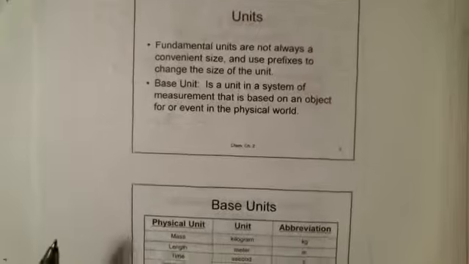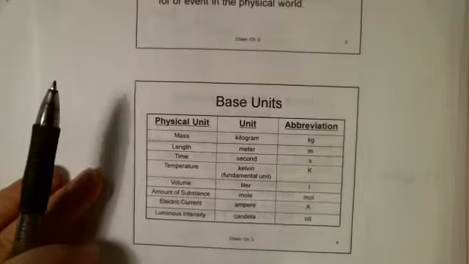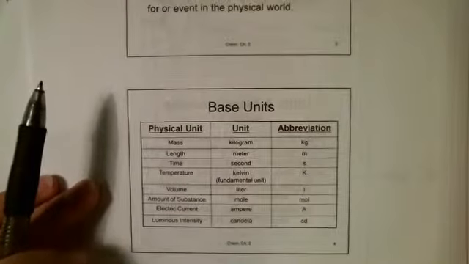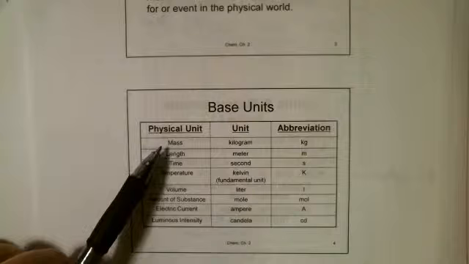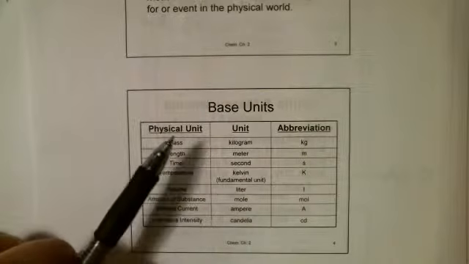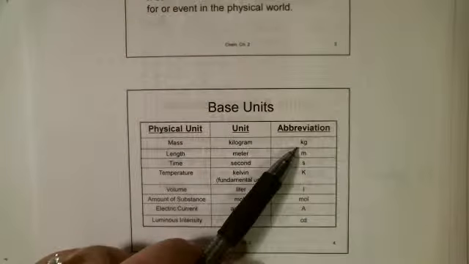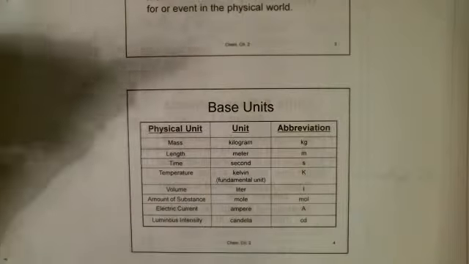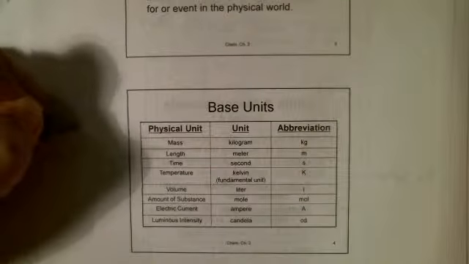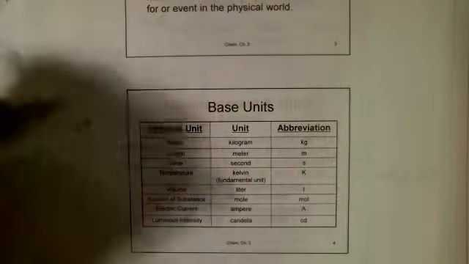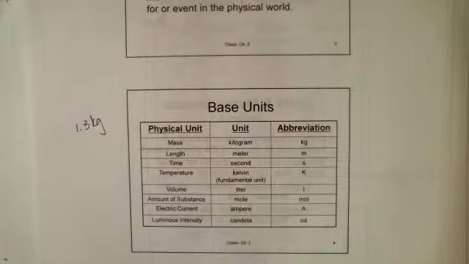Okay, so down here there's a table of your base units, and it is your responsibility to know what these base units are. So for mass, our base unit is the kilogram, and its abbreviation is kg. So if you ever do a measurement and something weighs 1.3 kilograms, the kilogram unit is kg.